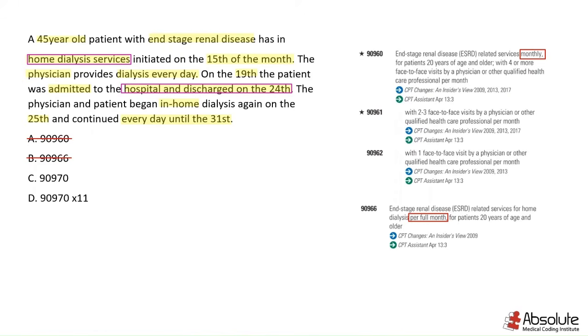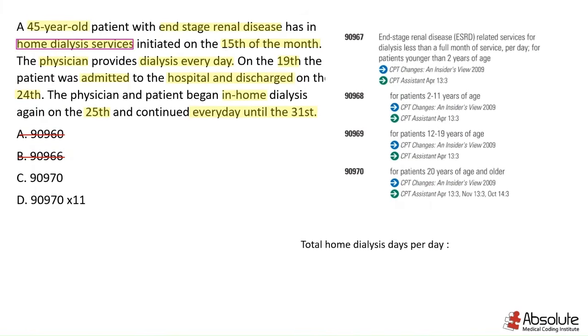And now let's look into option C. That is 90970, which is coding for end-stage renal disease related services for dialysis less than a full month of service. Yes, so we didn't have a full month of service provided here.